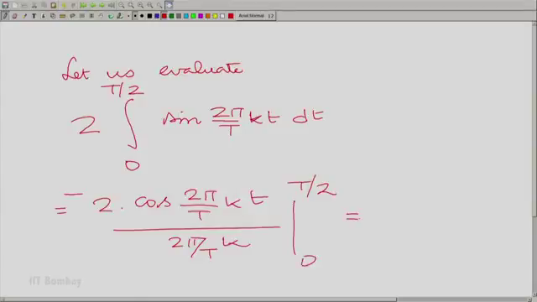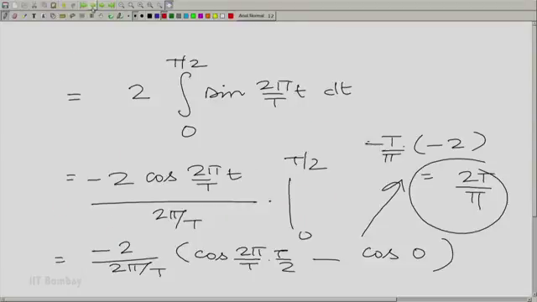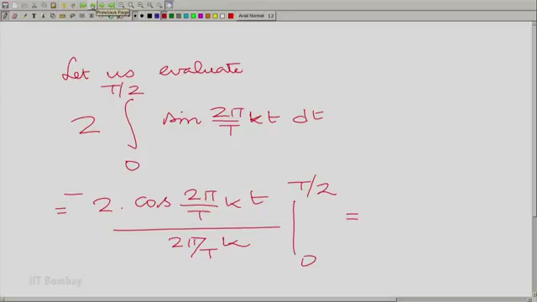And I leave it to you to work this out. It is essentially going to be 1 by k times the answer for k equal to 1. We had this answer for k equal to 1, 2T by pi. We will just divide it by k. So, this is now 2T by pi into 1 by k. I leave it to you to verify this.